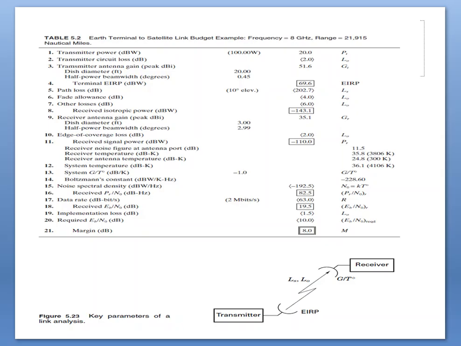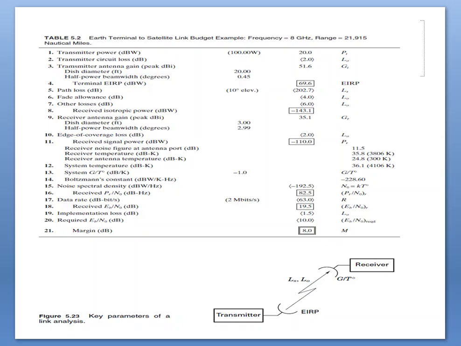The peak gain of the receiving antenna is approximately equal to 35.1 dBi. And edge of coverage loss is due to the off-axis antenna and increased range of users at the extreme edge of communication coverage. And the next one, the input power to the receiver, tallied from 8, 9, 10, is minus 110 dBW.